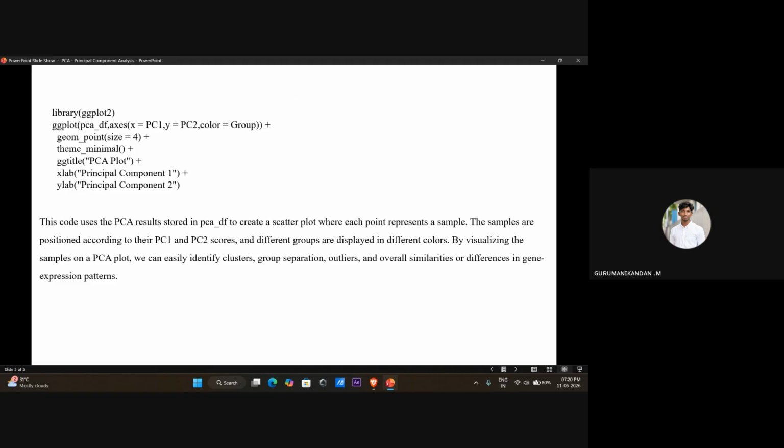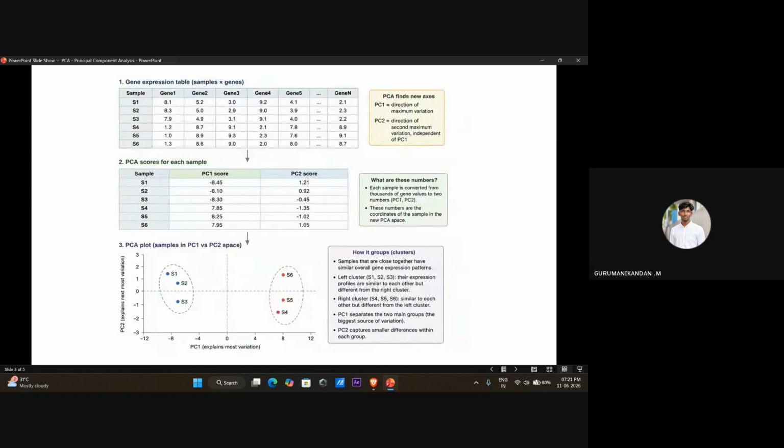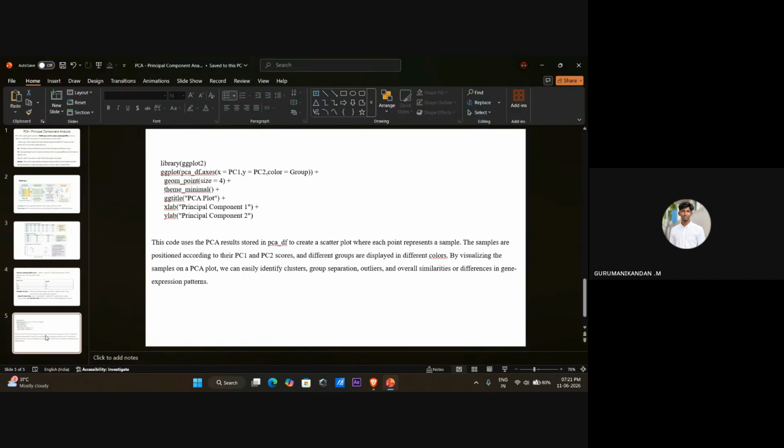Here is the final command, which is run in RStudio to visualize the graph. Like this, the PCA plot shows how the PC1 and PC2 values differ. So these are the functions of PCA, and this is the final code. It takes the input of the PCA data frame, which we created last.